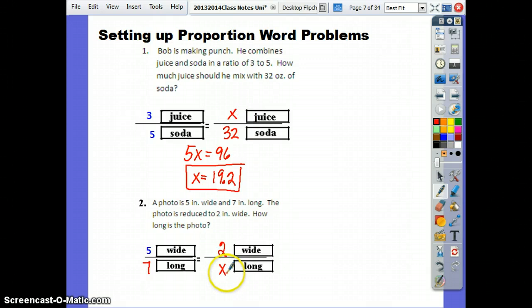Now it's in the denominator. So 5x equals 14. And if we divide both sides by 5, 14 divided by 5, 2.8. So the picture would be 2.8 inches long.